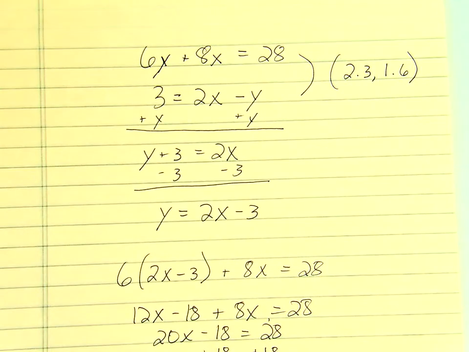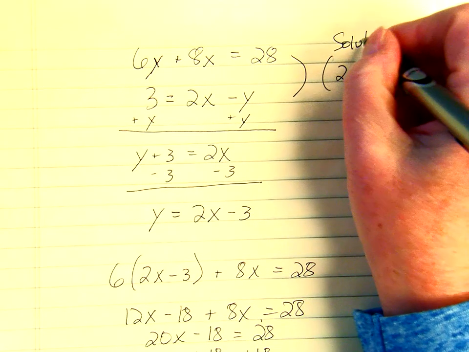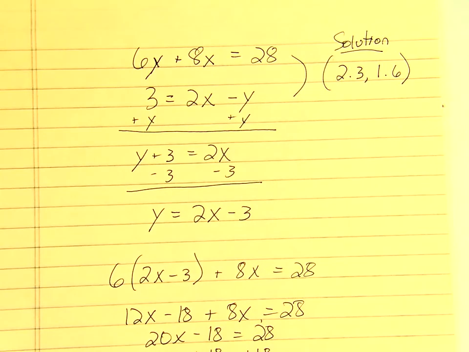Now, one of the things that I want you to notice is that by not graphing, we've been able to get to an exact solution here. This is why sometimes you will see problems that are set up for you to graph, and sometimes you will have them set up to do in other methods.